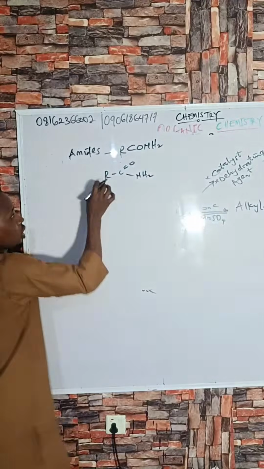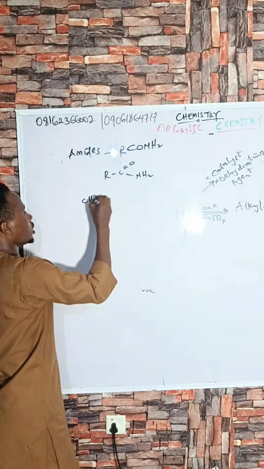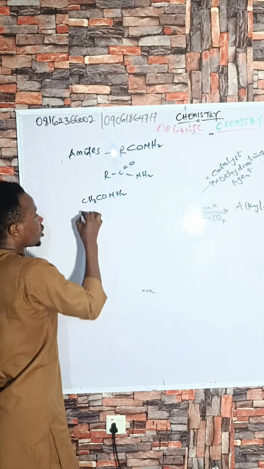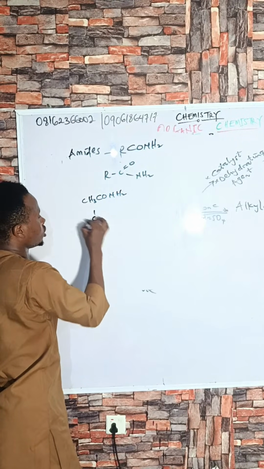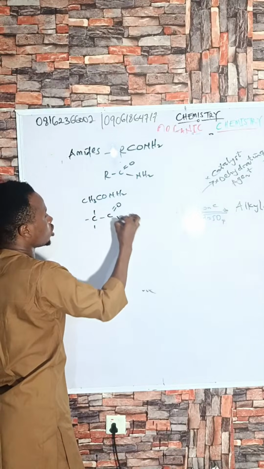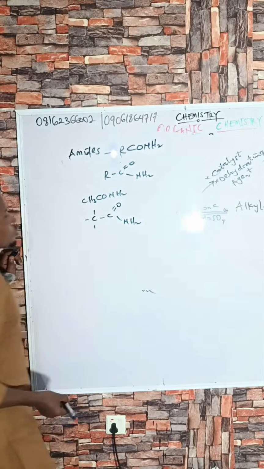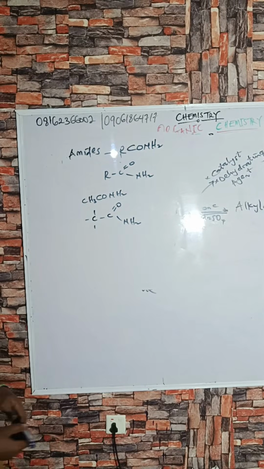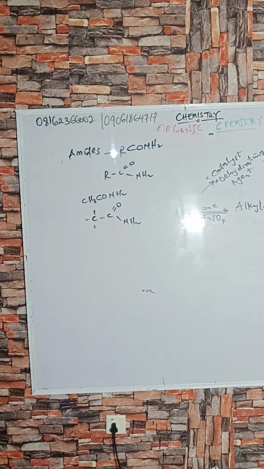So let's say our R is CH3, then CONH2. So this is going to be CH3CONH2. So now if I want to name this, for amides, we call them based on the number of carbon that we have in the formula.